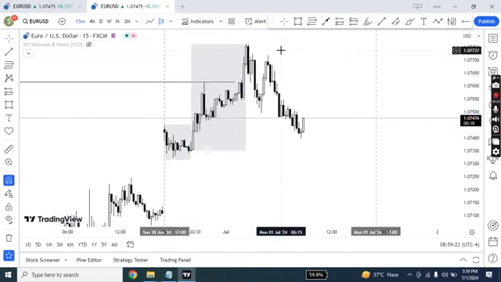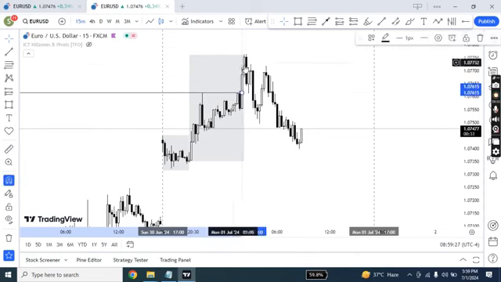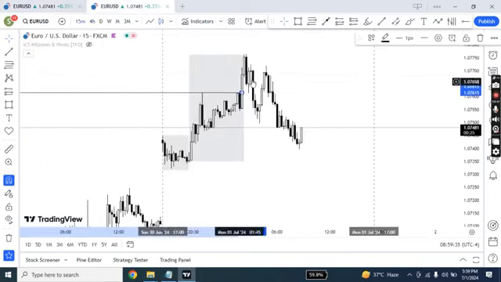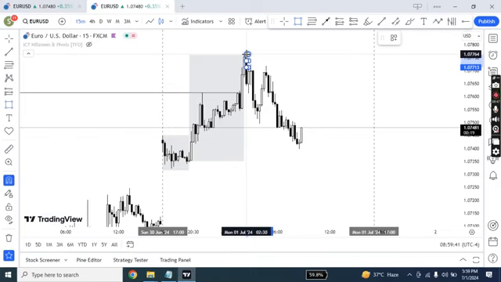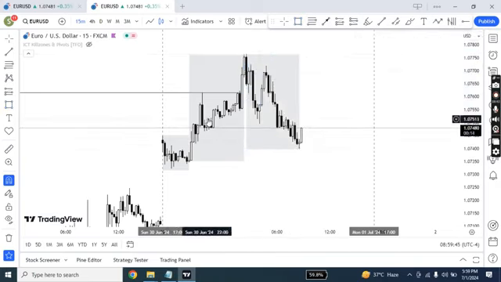Now the unique thing about this expansion again is that with this expansion, what we did is we took out another key level, which is in the form of this 4-hour swing high or range high, and this expansion tested a key level. So after that, what can we expect? We can expect a reversal, right? So you can see here that we are using proper logic here.